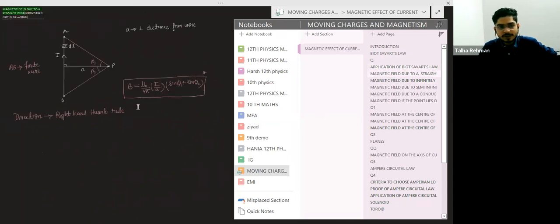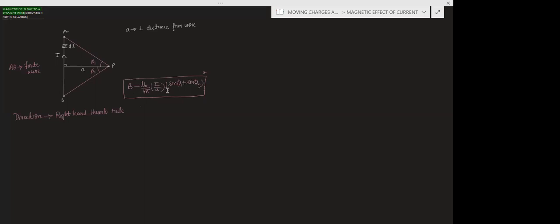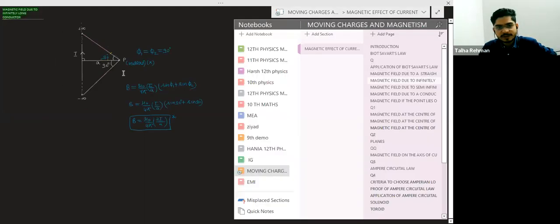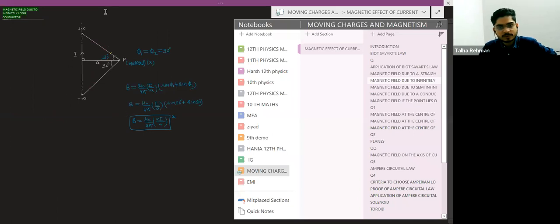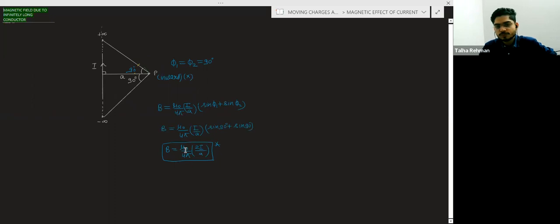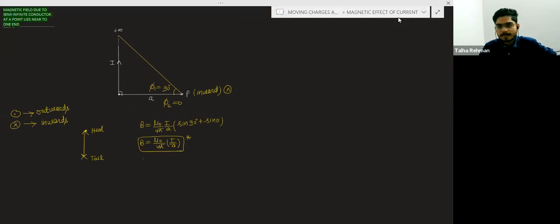And now here are some important formulas. What is the formula when the current is flowing in the wire? This is the magnetic field. And what is the formula due to an infinitely long wire? This is the formula, mu 0 divided by 4 pi, 2 I by a, and this is another formula for the semi-infinite conductor.